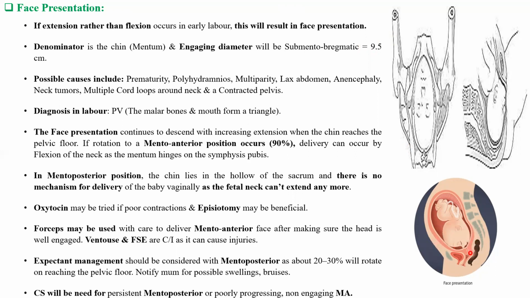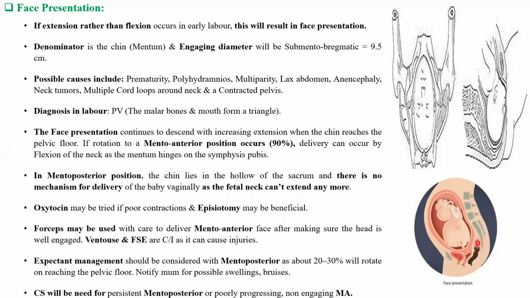What are the possible causes of face presentation? There are many possible reasons, mainly prematurity, polyhydramnios, multiparity, if the abdomen is lax due to multiparity, anencephaly, any tumors in the neck, multiple loops of the cord around the neck, and a contracted pelvis. So these are precipitating factors for face presentation.